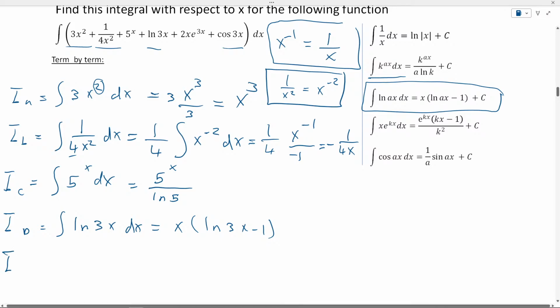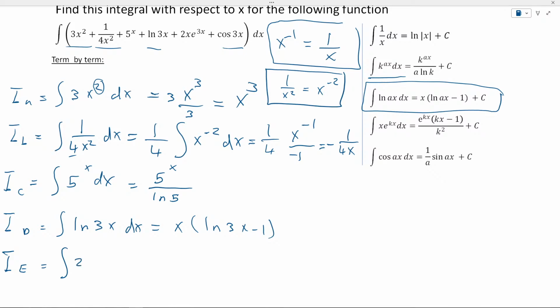So the integration of e to the 2x over 3x dx. I can take the 2 as a common factor, so that's 2 times. And this also has a rule. So what is the rule here?